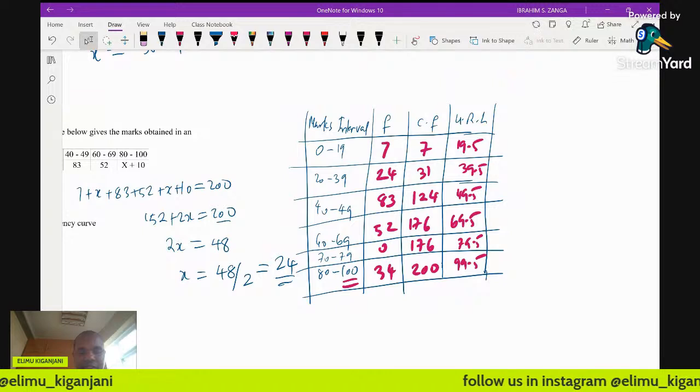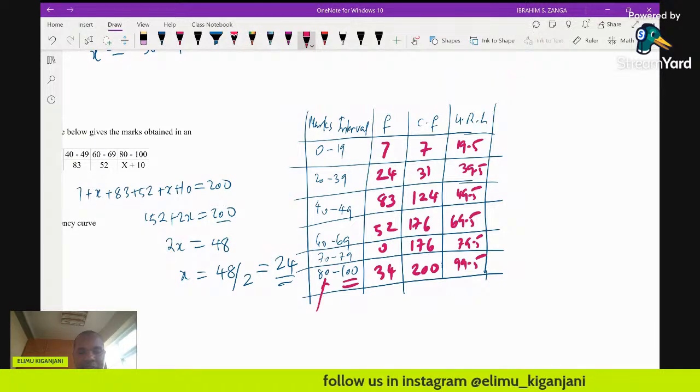And for uniformity, we're expecting this to be 100 to 99 anyway.